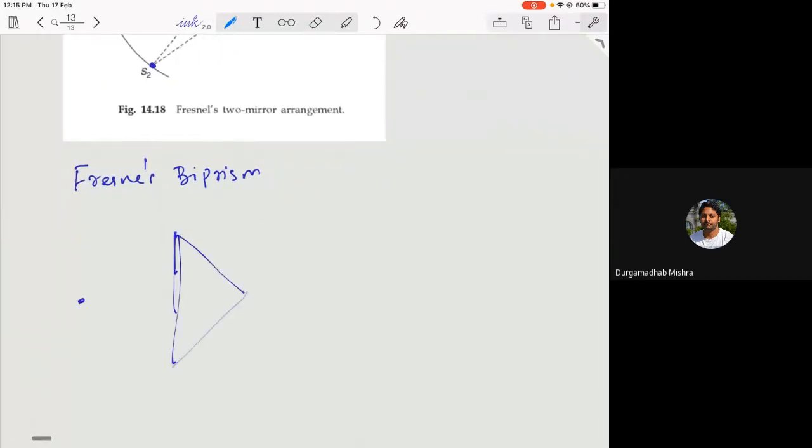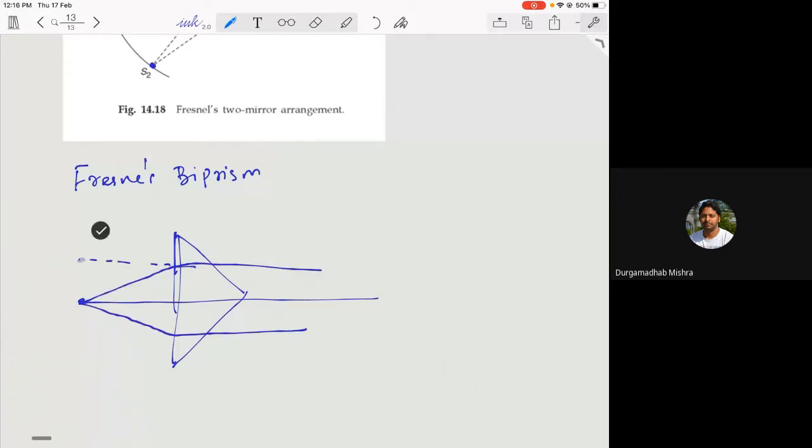You have the source here, and then you can create two sources, S1 and S2, all in the same plane. Then you can create an interference pattern using that Fresnel biprism.